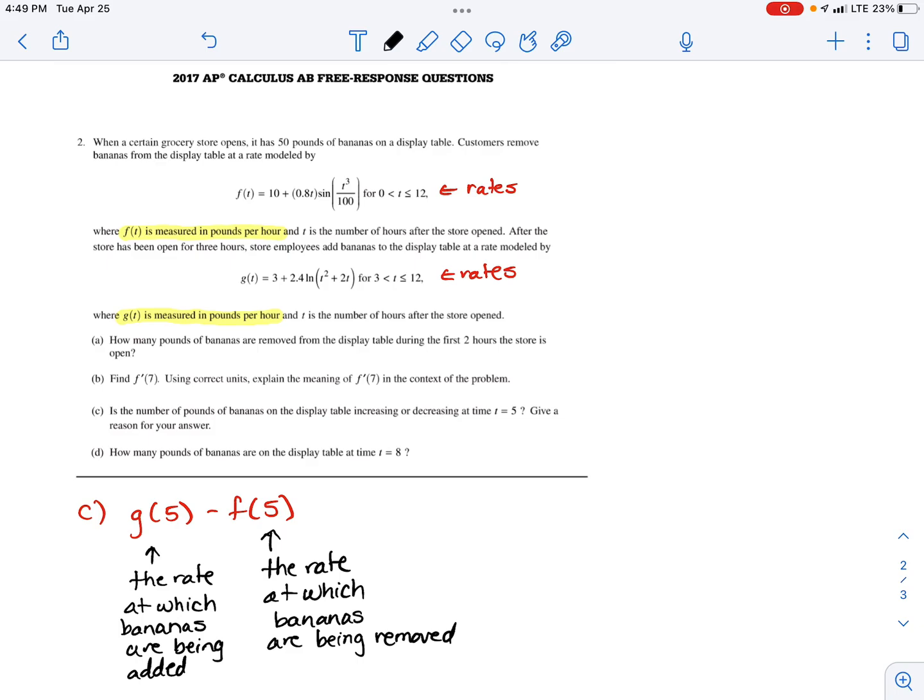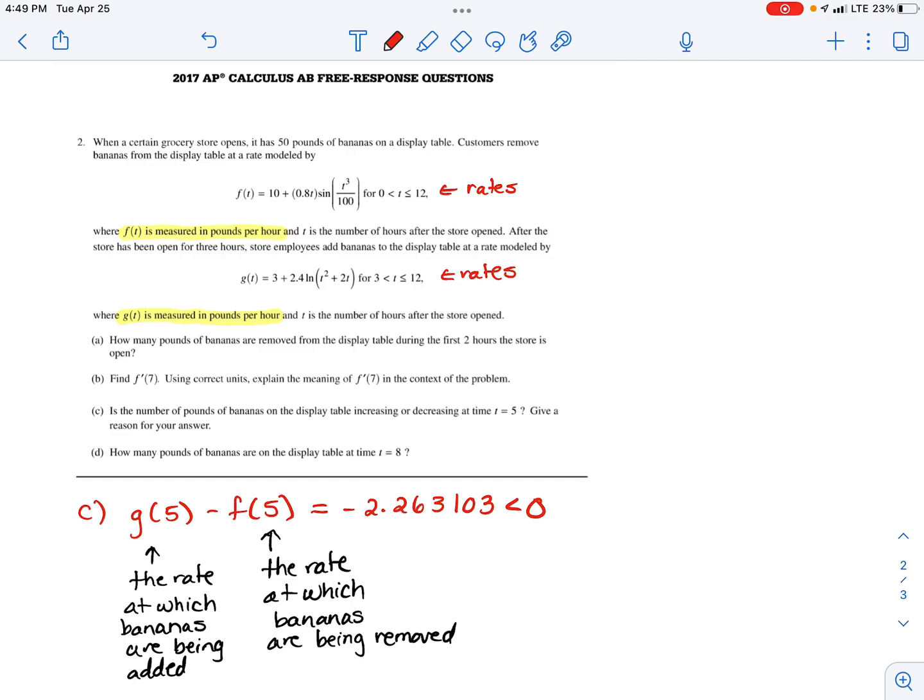And so what you should get here when you do this in your calculator is that this is negative 2.263103 or something, which is less than 0. That's negative, right?